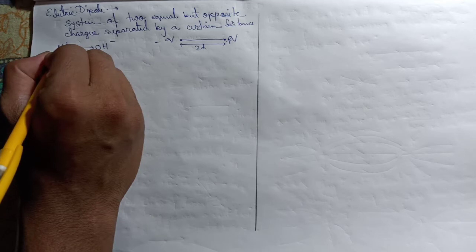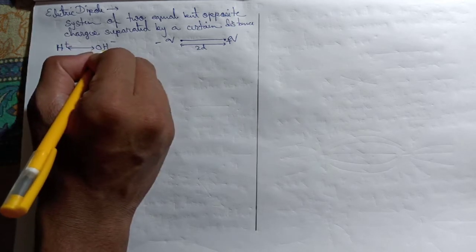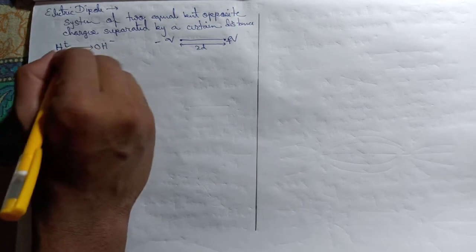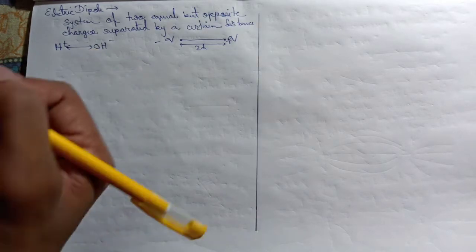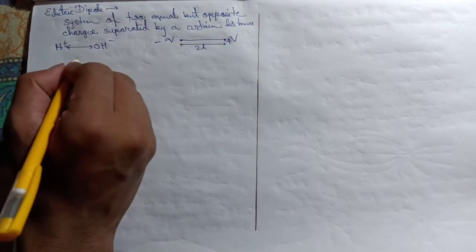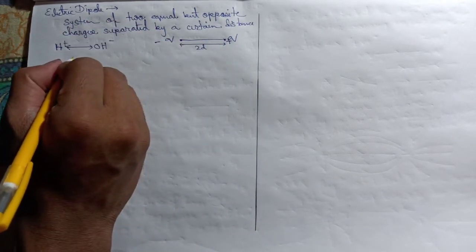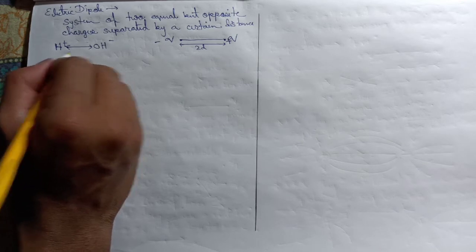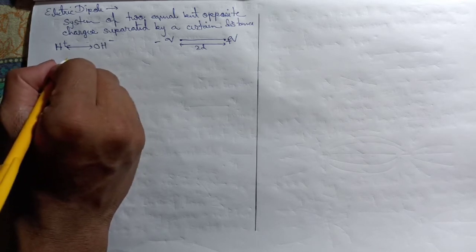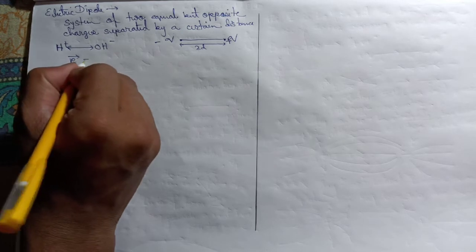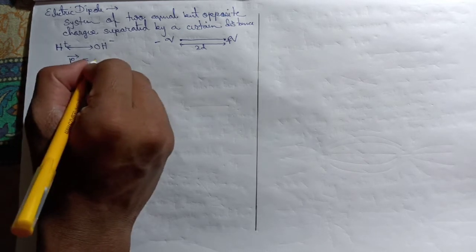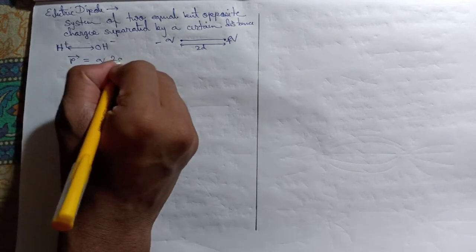One unit positive charge, one unit negative charge, and their bond length. One more thing: an important parameter for an electric dipole is the dipole moment, which is numerically defined as P equal to Q into 2d.